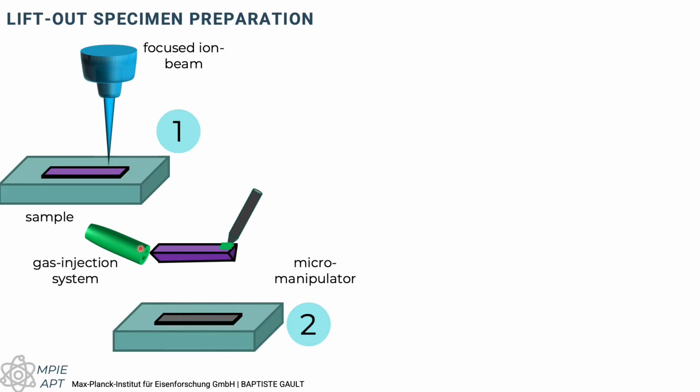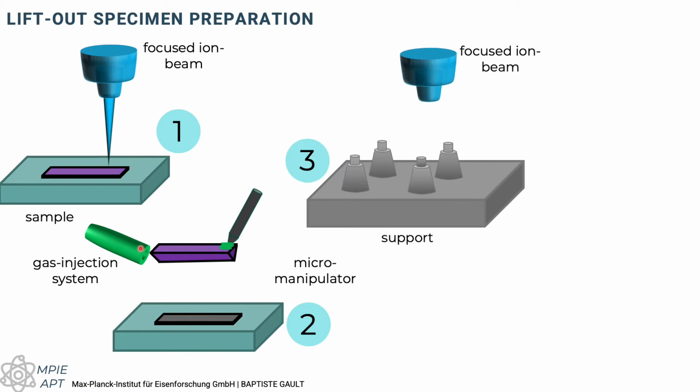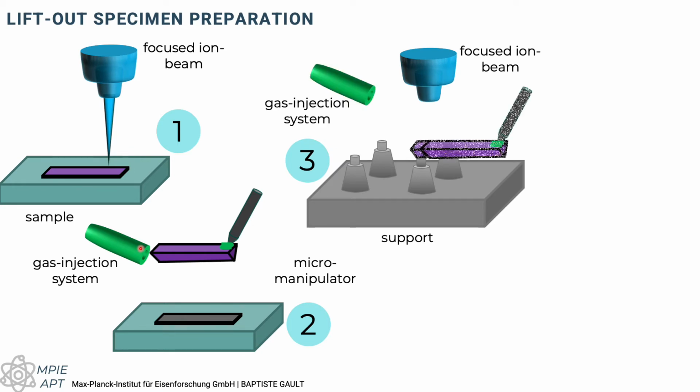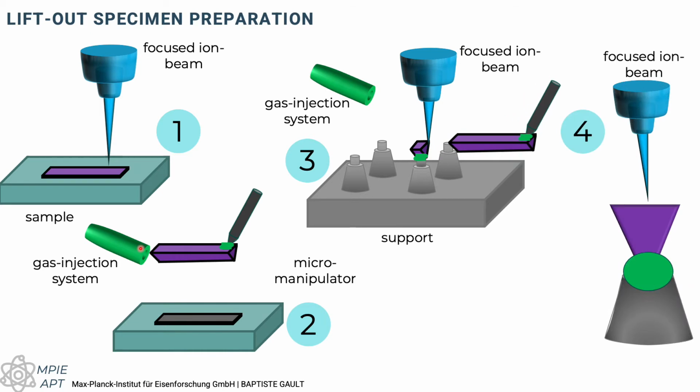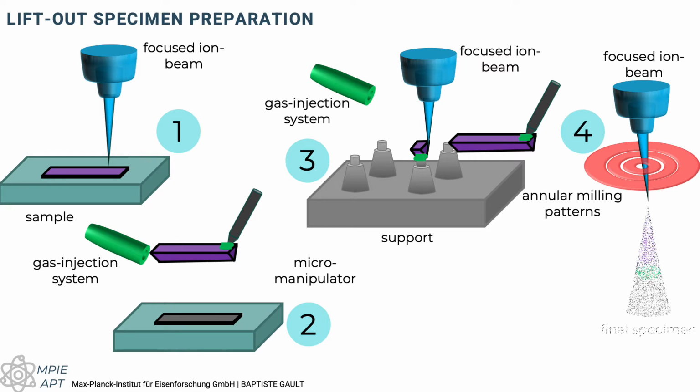This can contain, for example, a specific grain boundary or specific interface that was identified through scanning electron microscopy techniques. Then we deposit this onto a support and we weld it with the gas injection system, get the bar free, and we then use a series of annular milling patterns to turn this small piece of material here into a sharp needle.